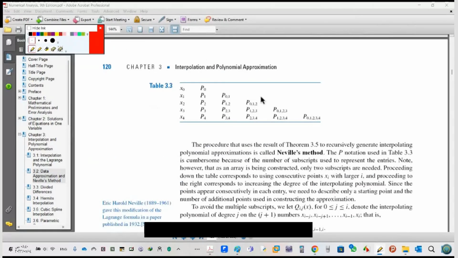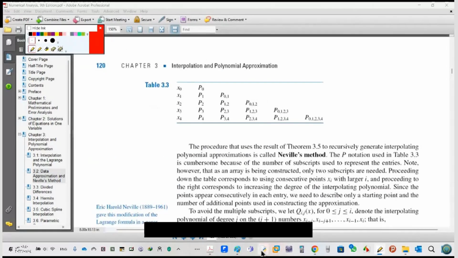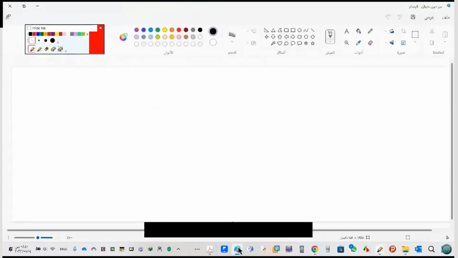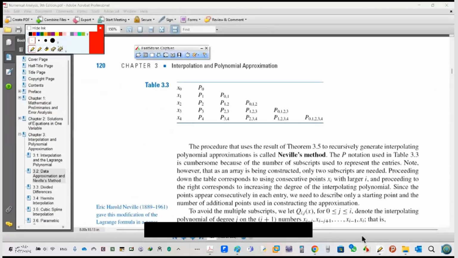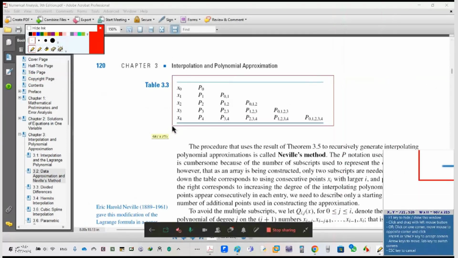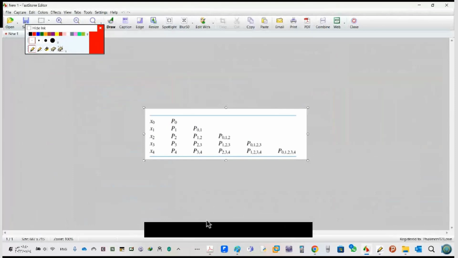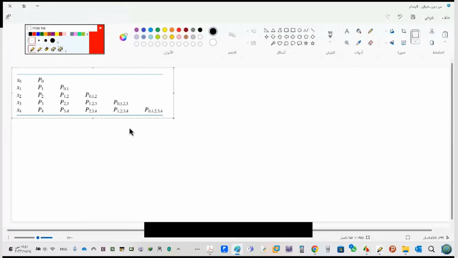So how can I write B0,1? Okay, let's open this here. I will take this, copy, put here. Now, we want to find B0,1.